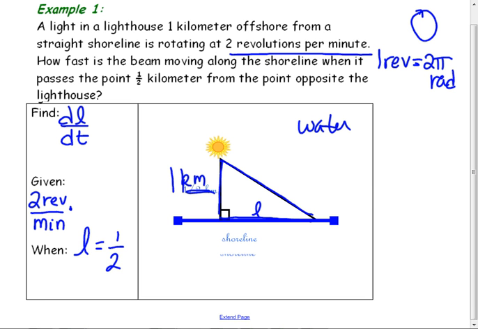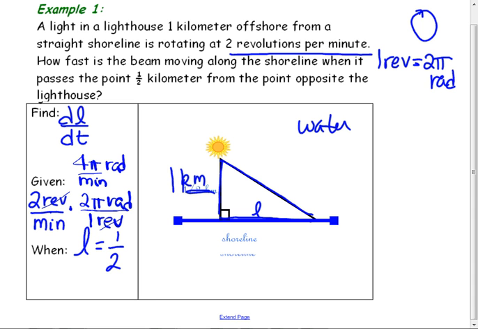You've seen that in science? So I do it so that units cancel out: 2 pi radians over 1 revolution. Do you see how the revolutions cancel? It's called dimensional analysis. I'm sure you've done this in science. So what does that equal? 4 pi radians per minute.